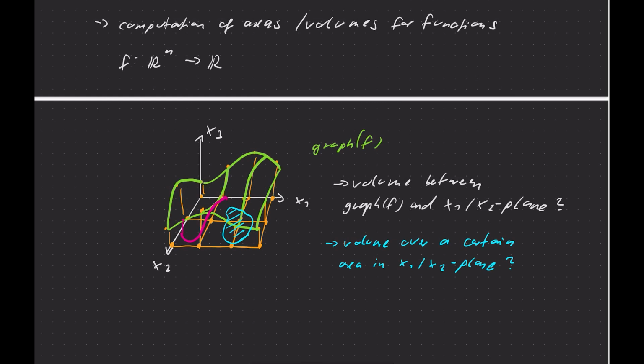So here, how does that work here? So there's this point. There's a corresponding curve up there, and we want the surface of this area here.